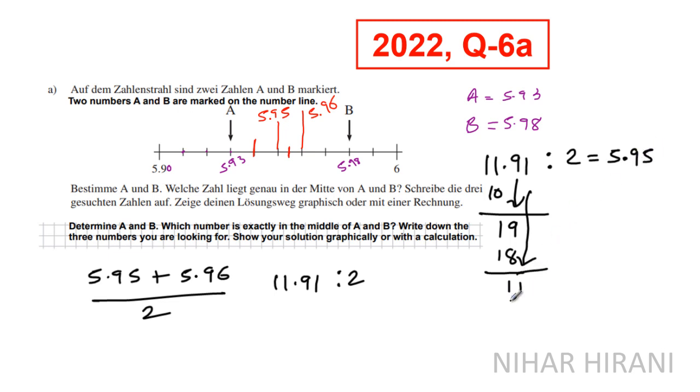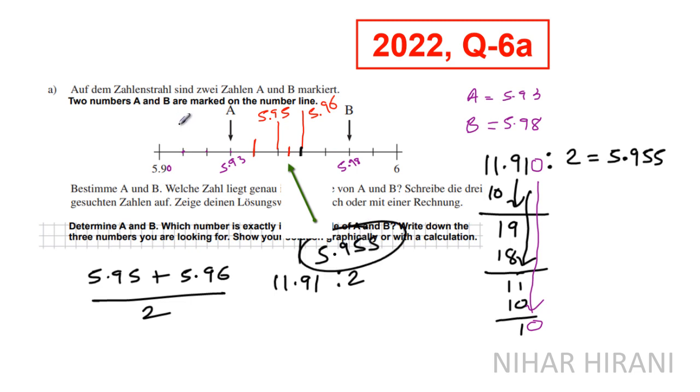So 1. But I have to keep working until I get 0 remainder. And once we put the decimal point, I can get complementary 0. So complementary 0, 0. Again 2 times 5, 10. So value that's exactly over here is 5.955. I hope you find it useful.